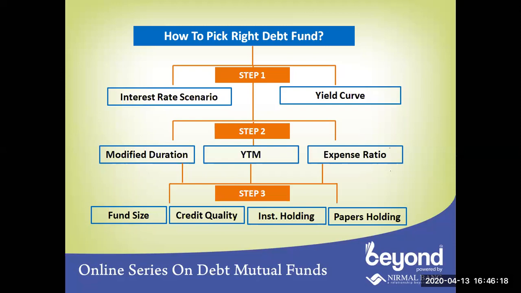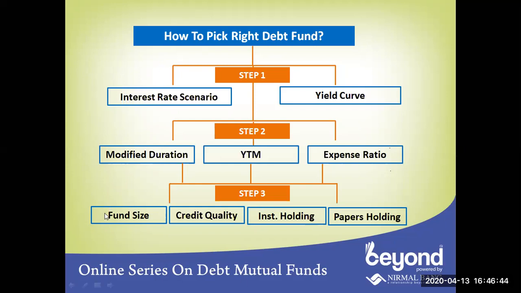If they are holding corporate bonds, then what papers are they holding within corporate bonds. If NCDs are a part of the portfolio, then what kind of NCDs they are holding under that particular instrument.